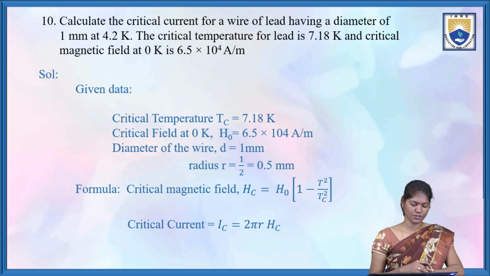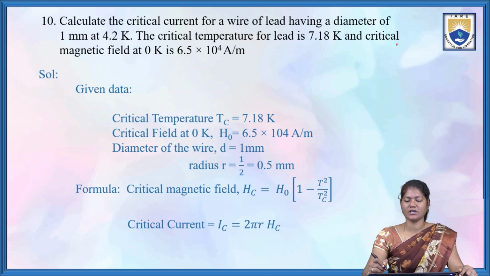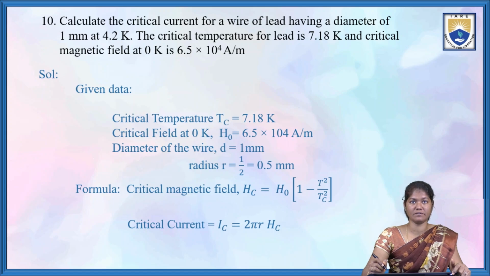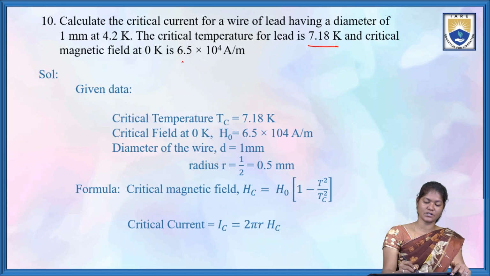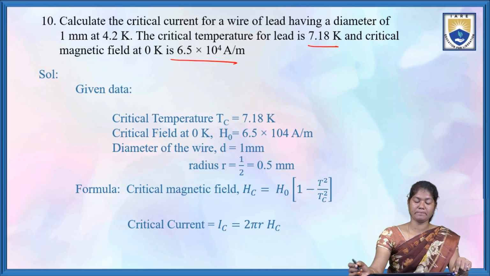Next, coming to the next problem: calculate the critical current for a wire of lead having a diameter of 1 millimeter at 4.2 degree Kelvin. The critical temperature for lead is 7.18 degree Kelvin and the critical magnetic field at 0 degree Kelvin is 6.5 into 10 power 4 ampere per meter.